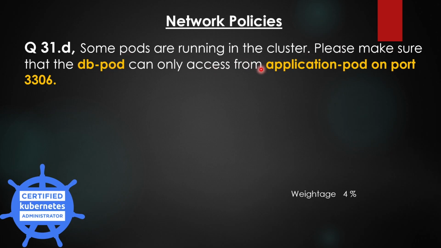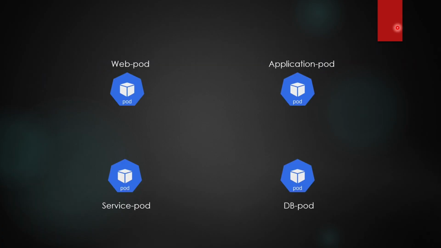Please make sure that the DB pod can only be accessed from the application pod on port 3306, which means the DB pod is listening on port 3306, and you have to apply an ingress policy on DB pods and allow incoming only from the application pods. Let's look at the diagram. We have a few pods.